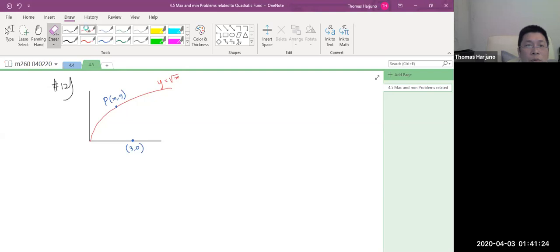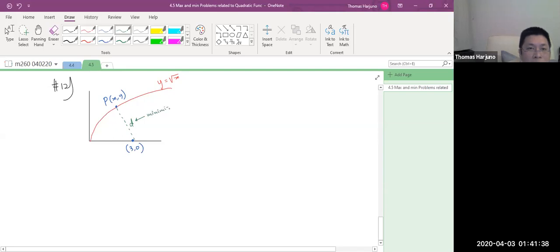Let's use this one. I need to minimize this d. Now, what we will do is find what function d is in terms of x. Suppose we have P with coordinates x, y.